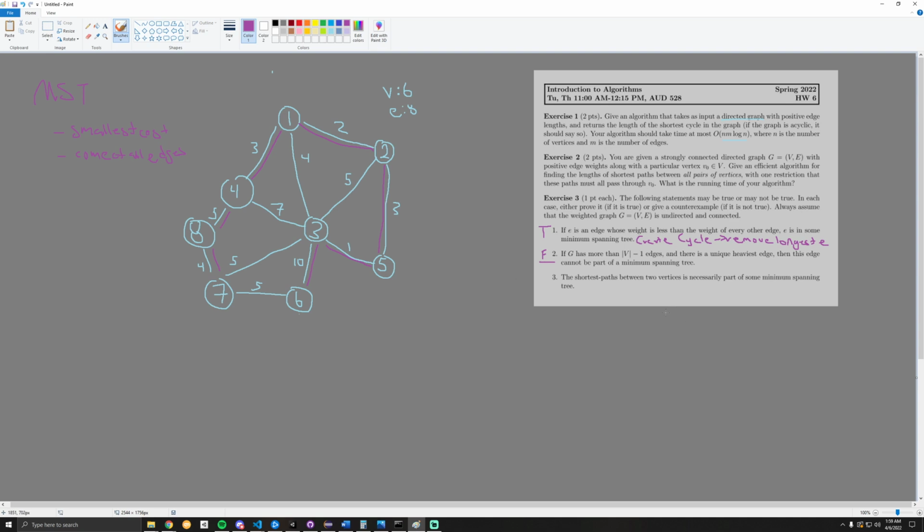The shortest path between two vertices is necessarily part of some minimum spanning tree. So the shortest path from 1 to 2 is 2 as part of a tree. The shortest path from 1 to 3 is 4, but that's not necessarily part of this tree.